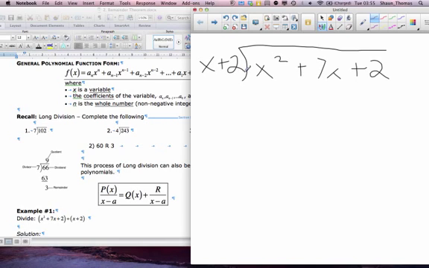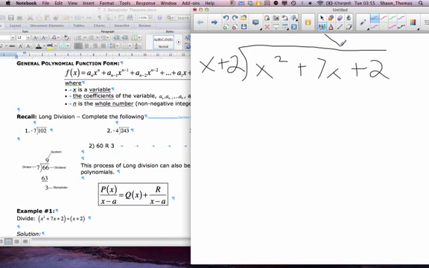Now the focus of these questions, when we're looking at this long division process, is whatever our first term is. This first term we are going to compare to the first term of our polynomial. We need to think what I have to multiply this x by to get x squared. The answer to that is going to be an x.